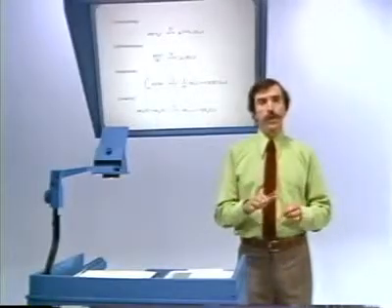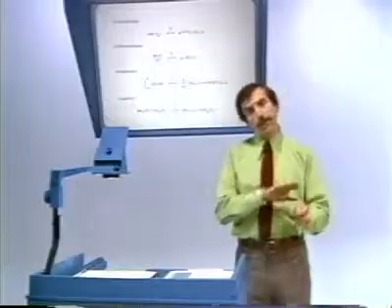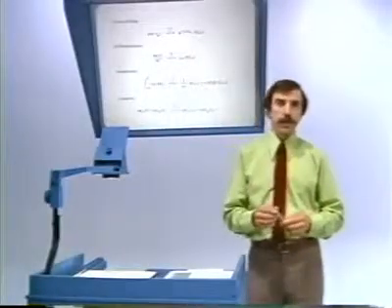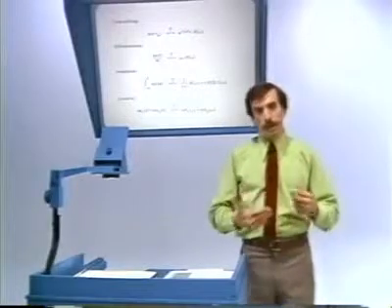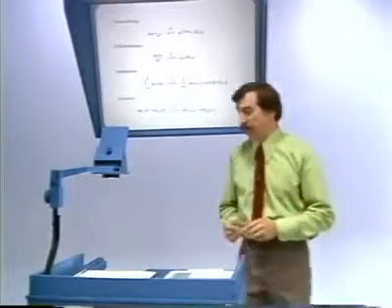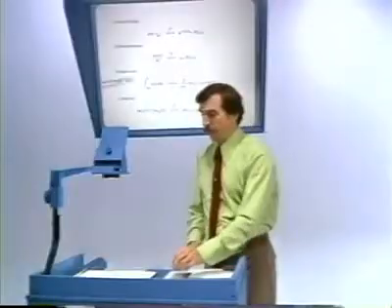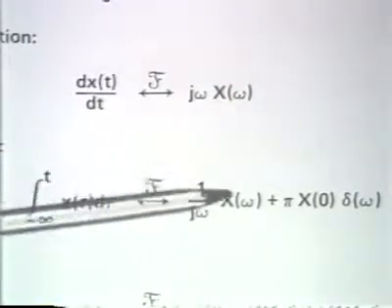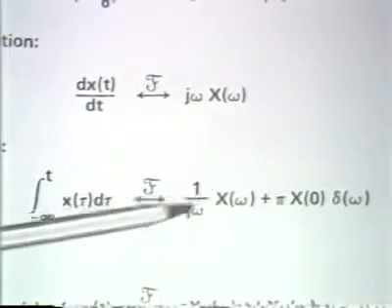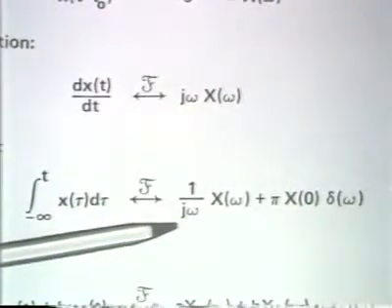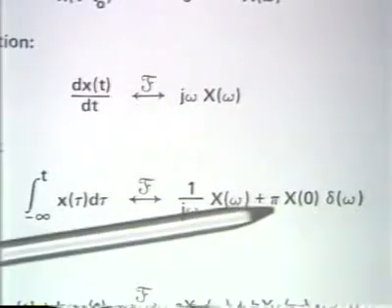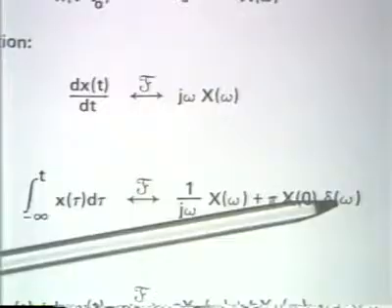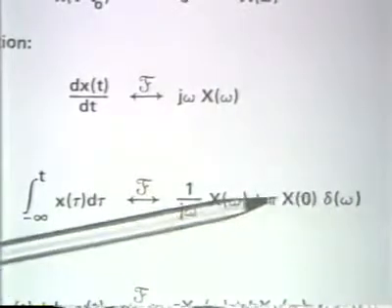If we have a time function that's some finite energy signal plus a constant, differentiating will destroy the constant, and the integration property, in essence, tries to bring that back. So the integration property, which is the inverse of the differentiation property, says that we divide the transform by j omega, and then if there was a constant added to x of t, we have to account for that by inserting an impulse into the Fourier transform.